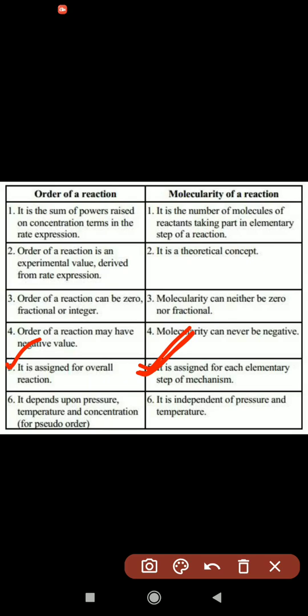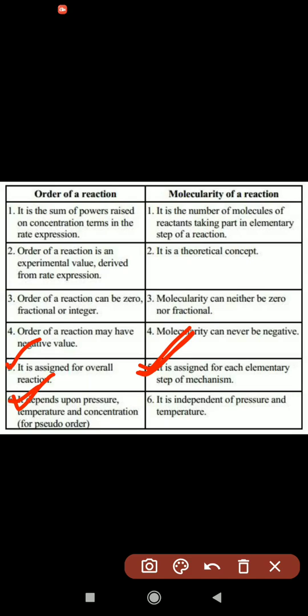Next, the last point: order of reaction depends upon pressure, temperature and concentration. So order of reaction depends on three conditions: temperature, concentration and pressure. Reactions carried out in the presence of these conditions are called pseudo order reactions.